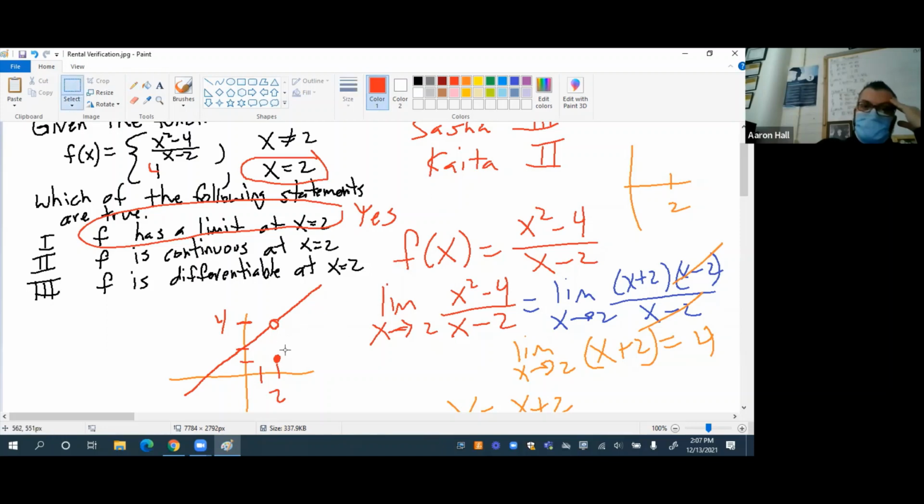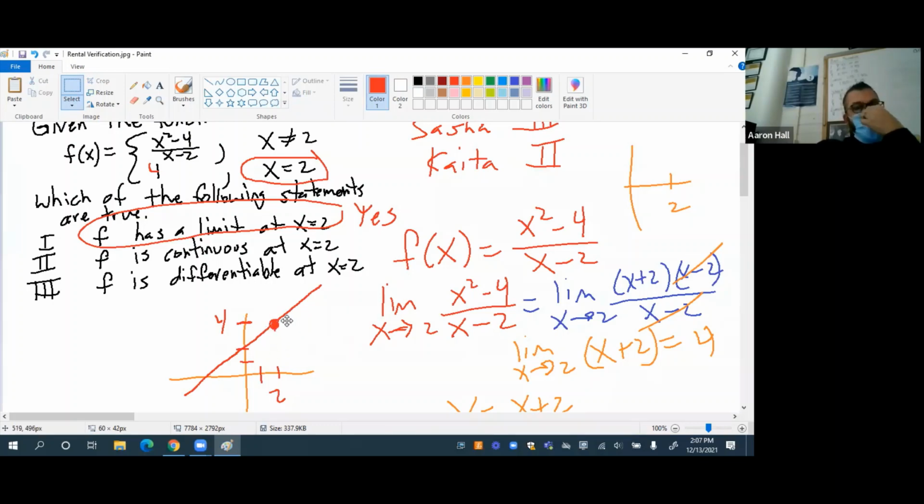Wouldn't that mean that this dot, right there, that dot right there would be here, right? What kind of discontinuity is that?